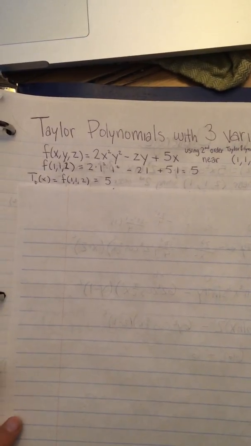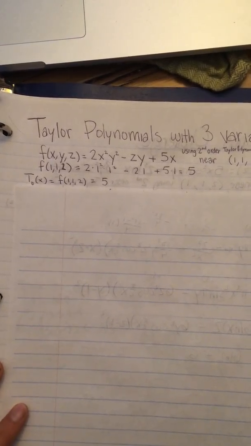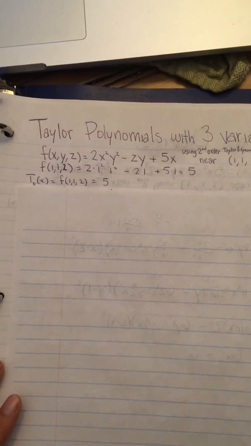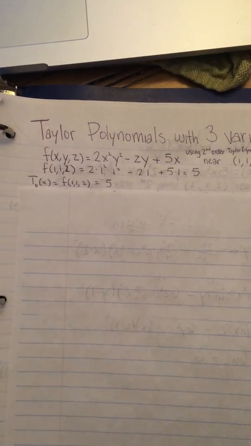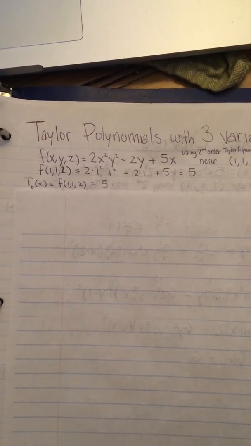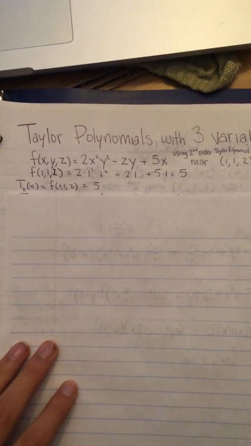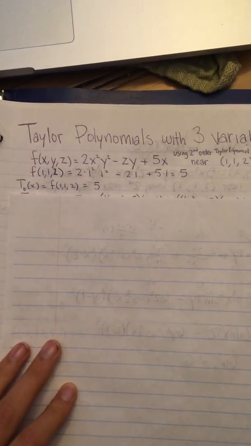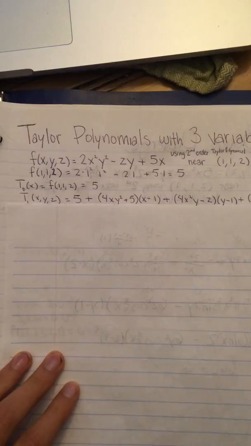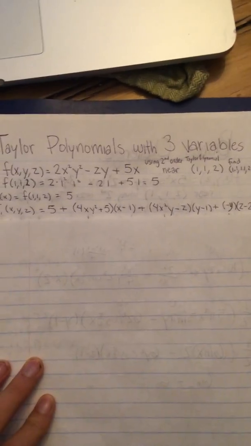And that is equal to 5. And that line is horizontal, so it doesn't really give you an accurate approximation.